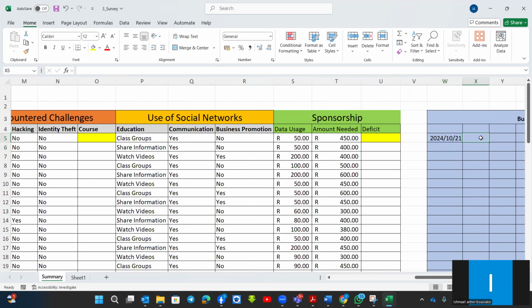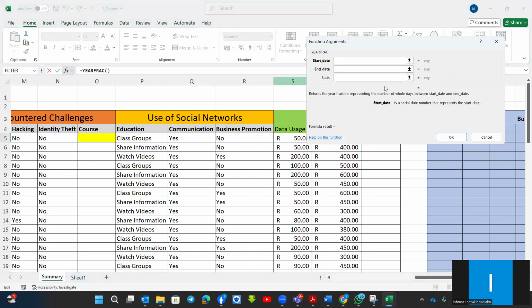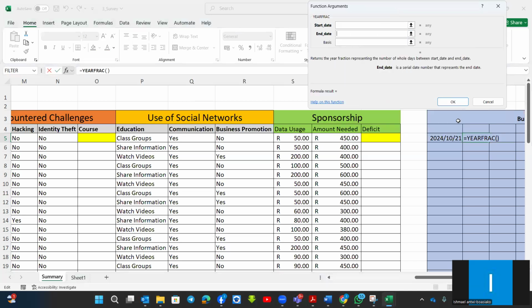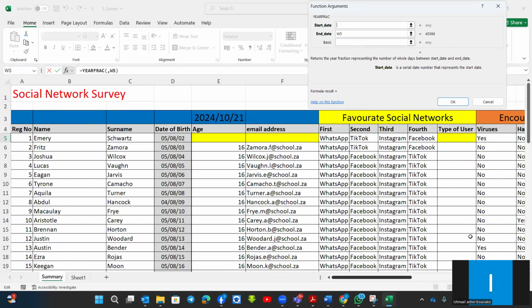And then we use the YEARFRAC. You click on FX, the start date, and the end date. The end date is the current date. The start date is the date given to you. If let's say you made a mistake and it's giving you a negative number, you just interchange them.